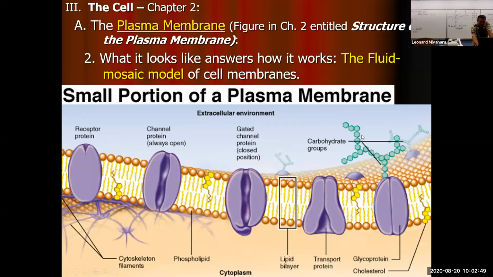And then 5, carbohydrate groups on the outside. See, this is extracellular environment. This is outside the cell. These are used as recognition groups. Down below is inside the cell. Okay? That's why it says cytoplasm inside the cell. Everybody got it? So far, so good.